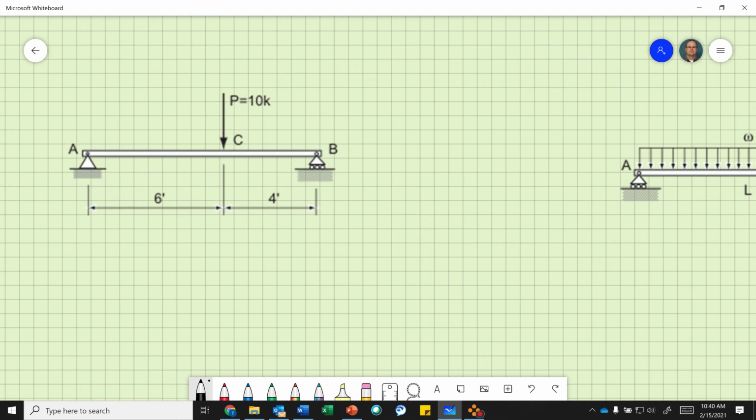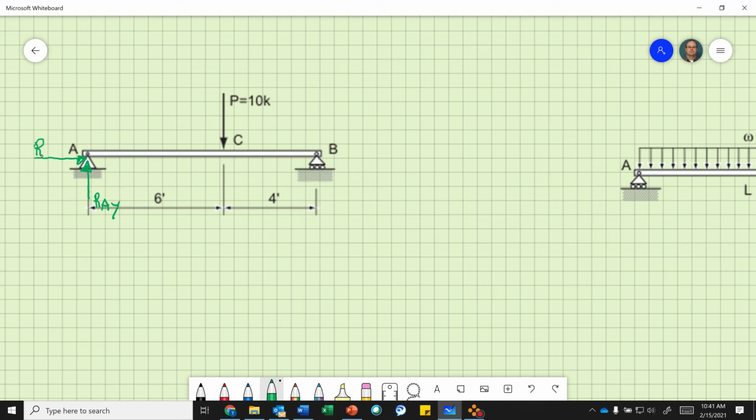Okay, so here I have a pin, so we're going to have a reaction at point A in the y direction. Here we have a roller, and we have a horizontal one. But remember, that's going to be 0. You need to show it even though it's 0.